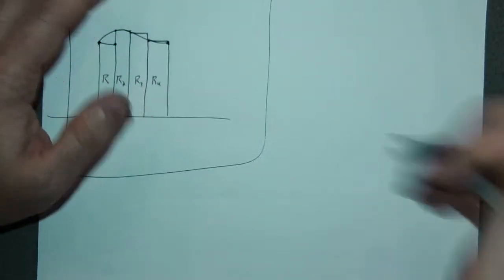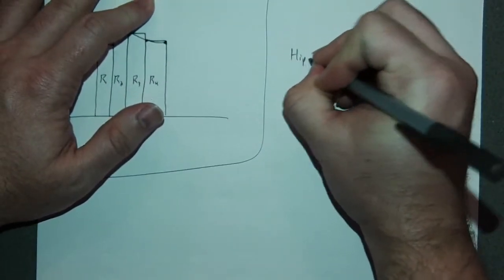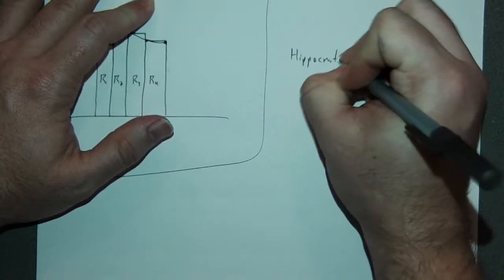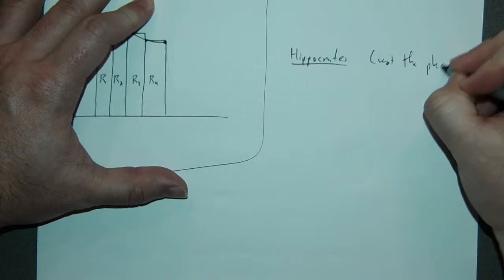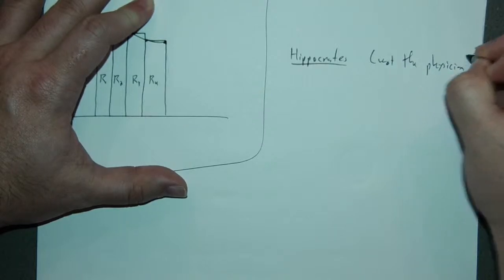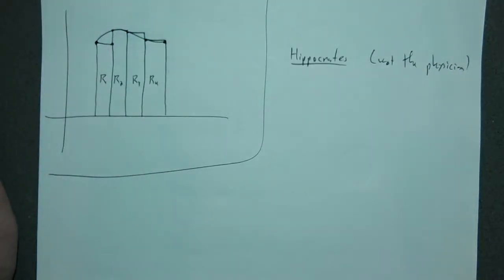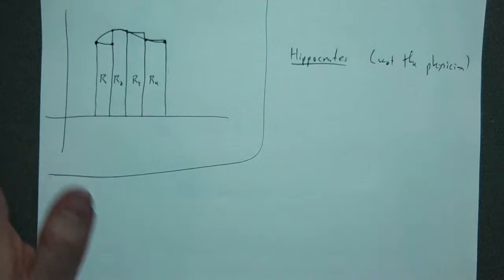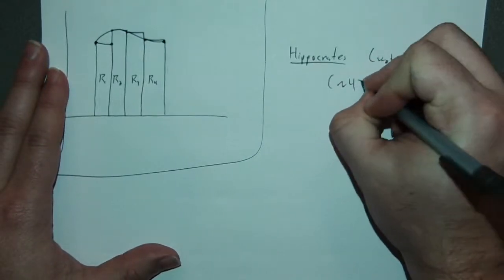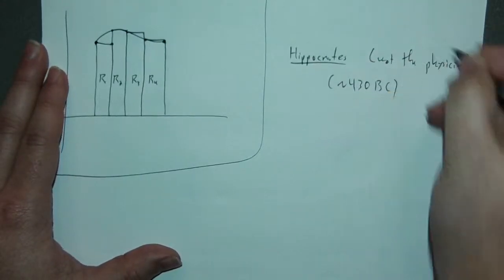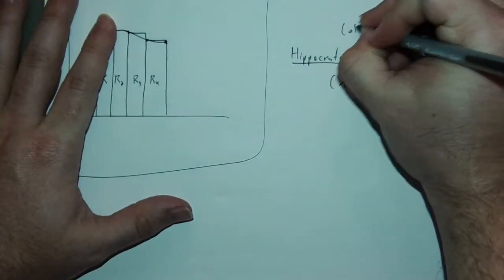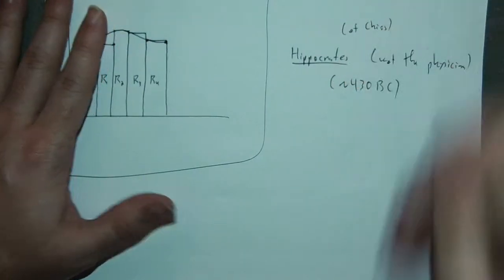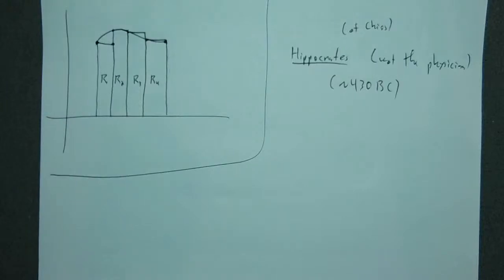There's a mathematician known as Hippocrates, not to be confused with the physician, not the person responsible for the Hippocratic Oath. This was around 430 BC. Supposedly Hippocrates came to Athens from Chios, another Greek island near present-day Turkey.